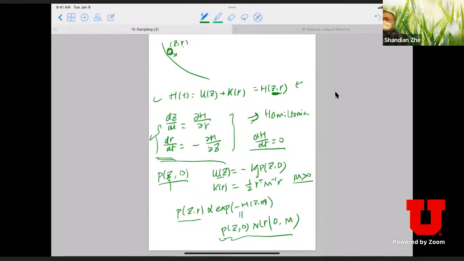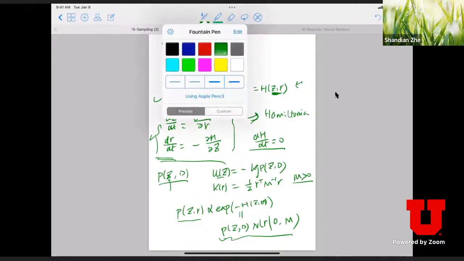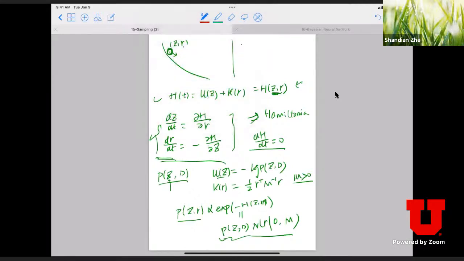And then the idea is, every time in our Markov-Chain Monte Carlo sampling, at step n, suppose my current sample is Zn. To generate the next sample, Zn plus 1, I'm going to initialize the state of the small ball in our Hamiltonian system by setting Z as the current sample Zn in our chain, and R is just a random number generated from this Gaussian distribution.